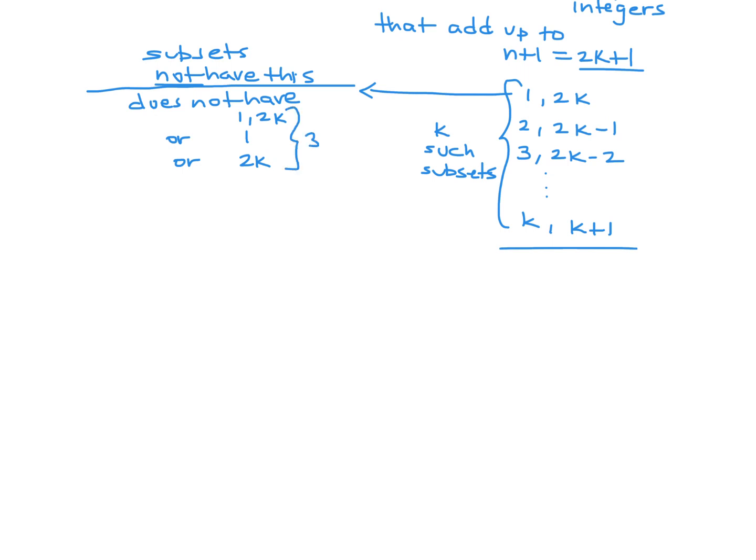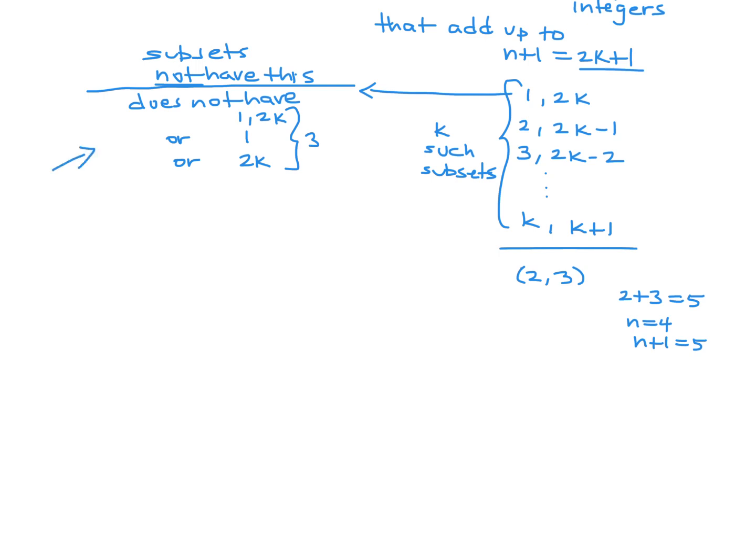Now let me give an example, right? That's a bit abstract. Let's say our numbers were 2 and 3. Over here we have a subset that had 2 and 3, and that is 2 plus 3 equals 5. So that would be the scenario when n was 4. Then n plus 1 would be 5, remember. Now we don't want that. We want this kind of scenario.